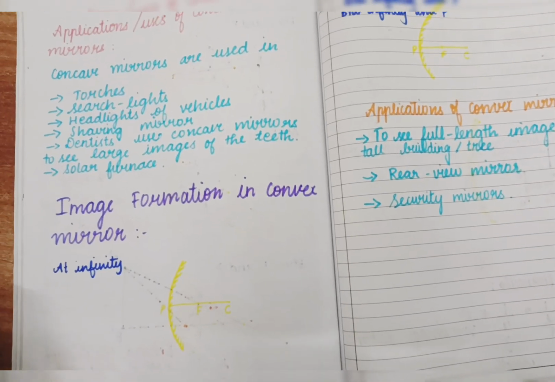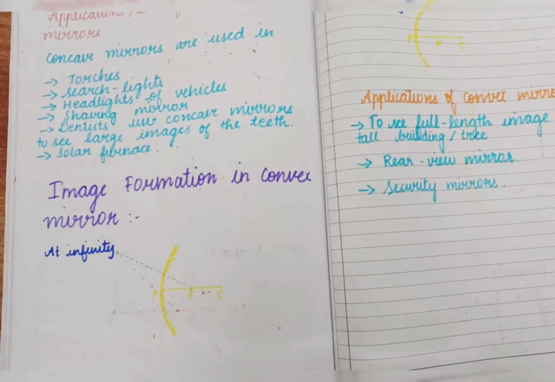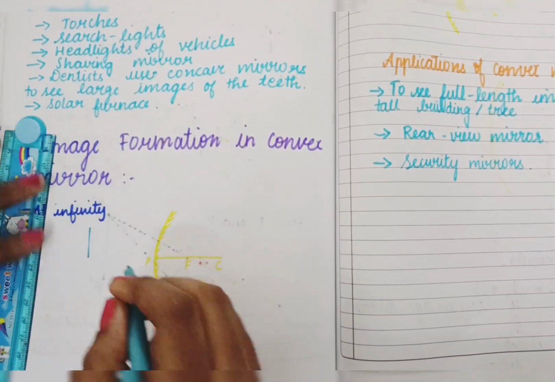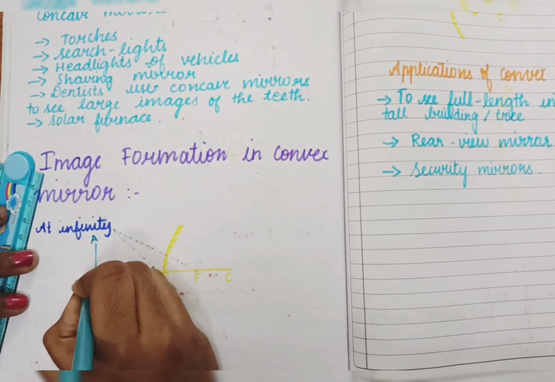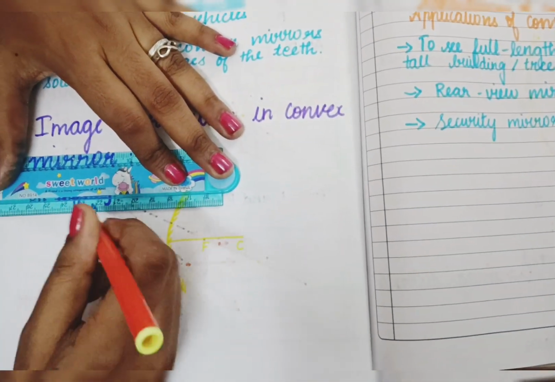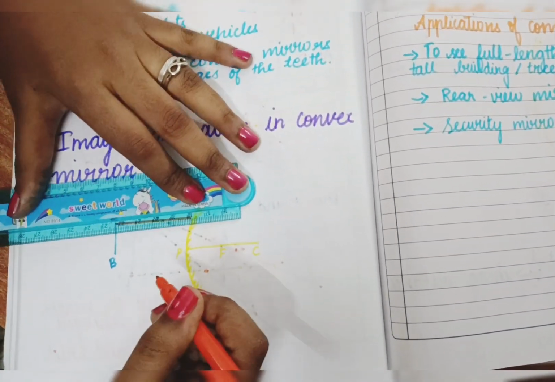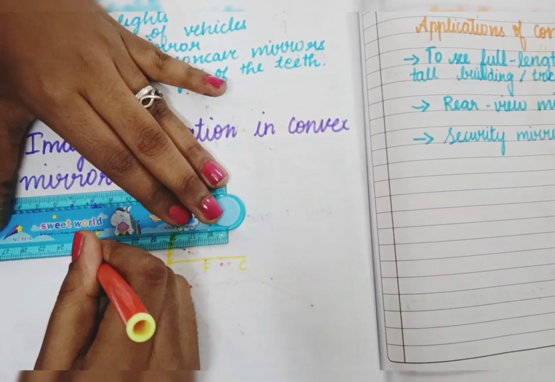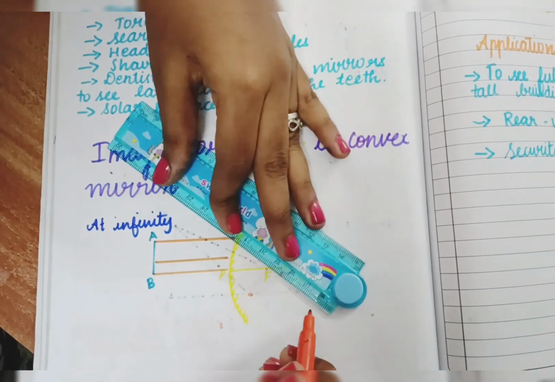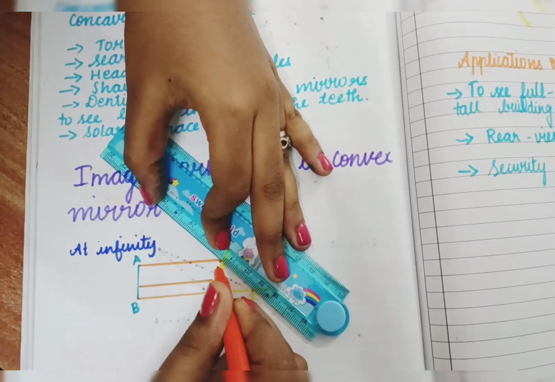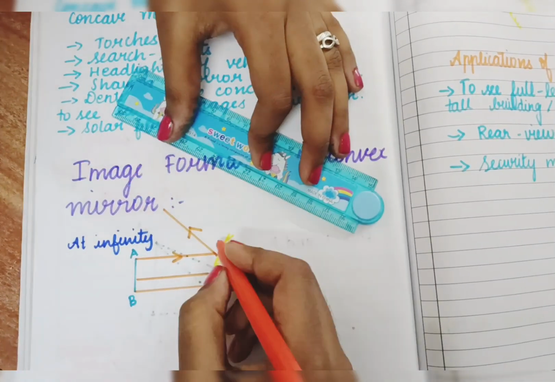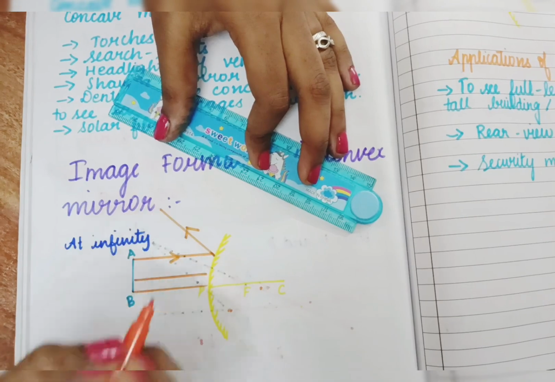Let's understand how image is formed in convex mirror. When the object is placed at infinity, the rays are passing parallel to the principal axis. As this is the reflecting surface, it is bouncing back here.